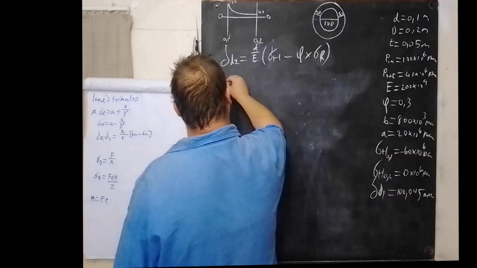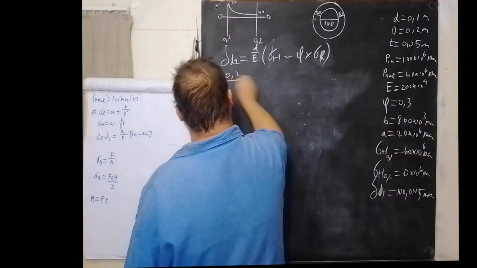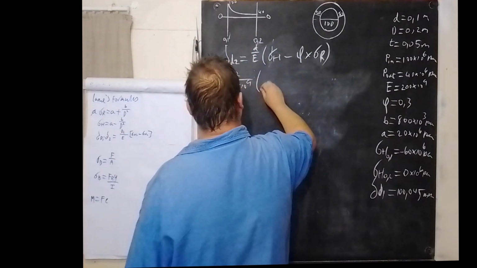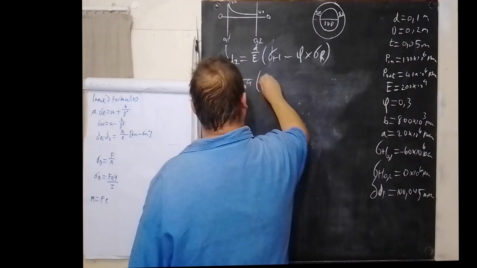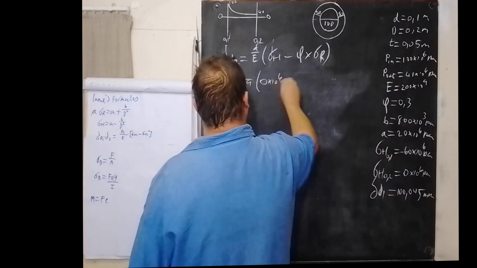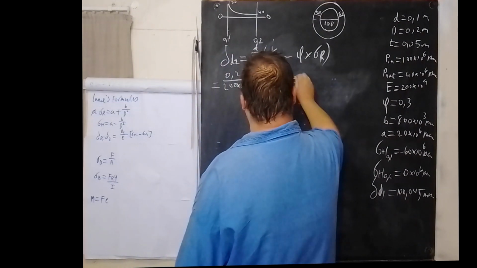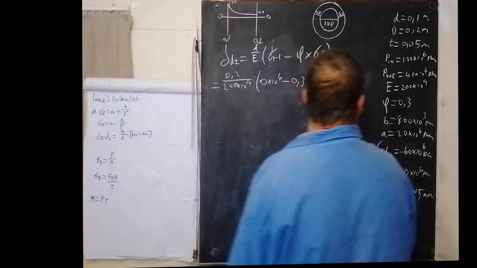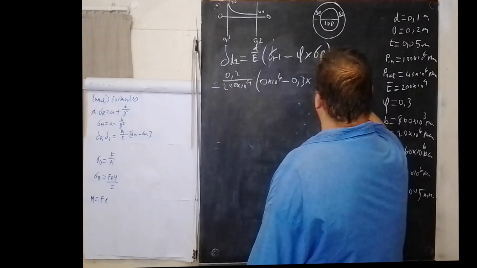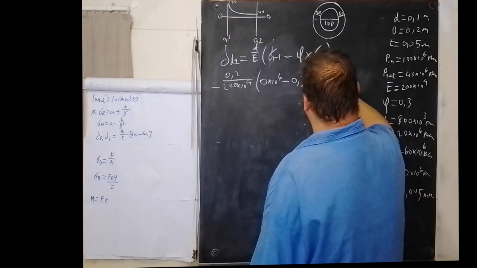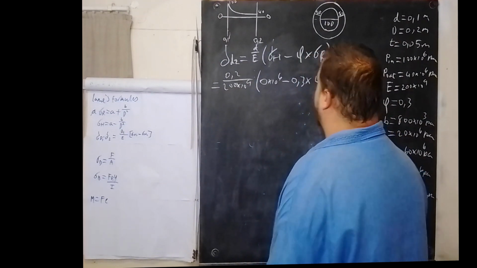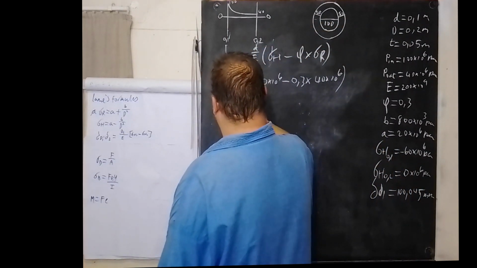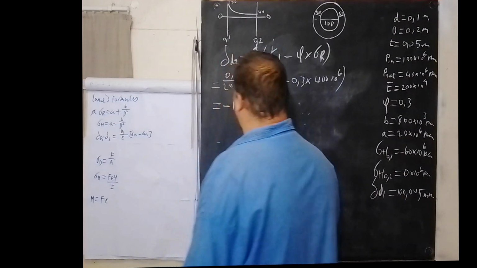So this one will be 0.2 over 200 times 10 to the 9 times hoop stress, 0 times 10 to the 6, minus 0.3 times my radial stress, which is 40 times 10 to the 6. And all this comes out to negative 12 times 10 to the minus 6.